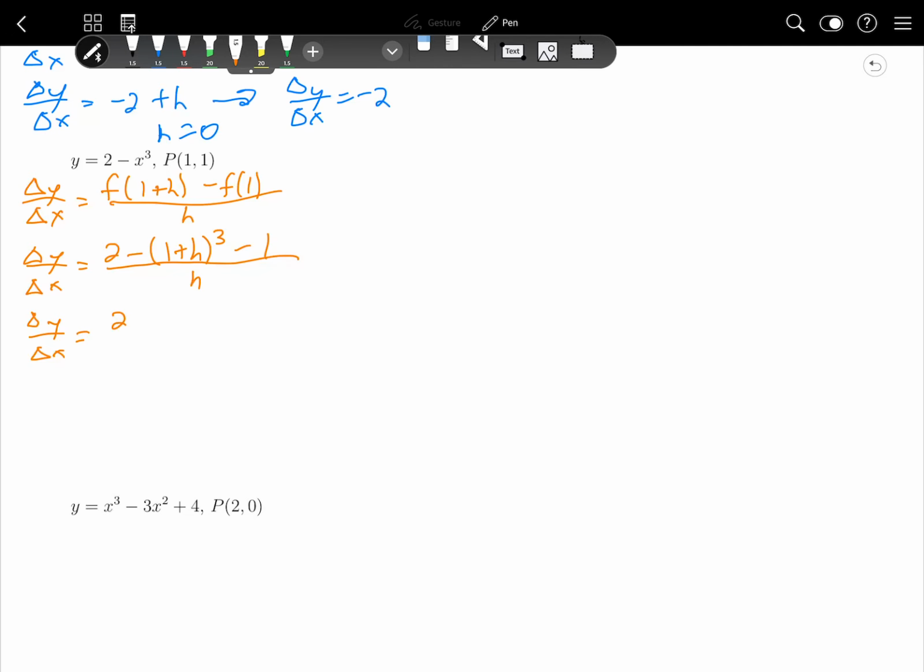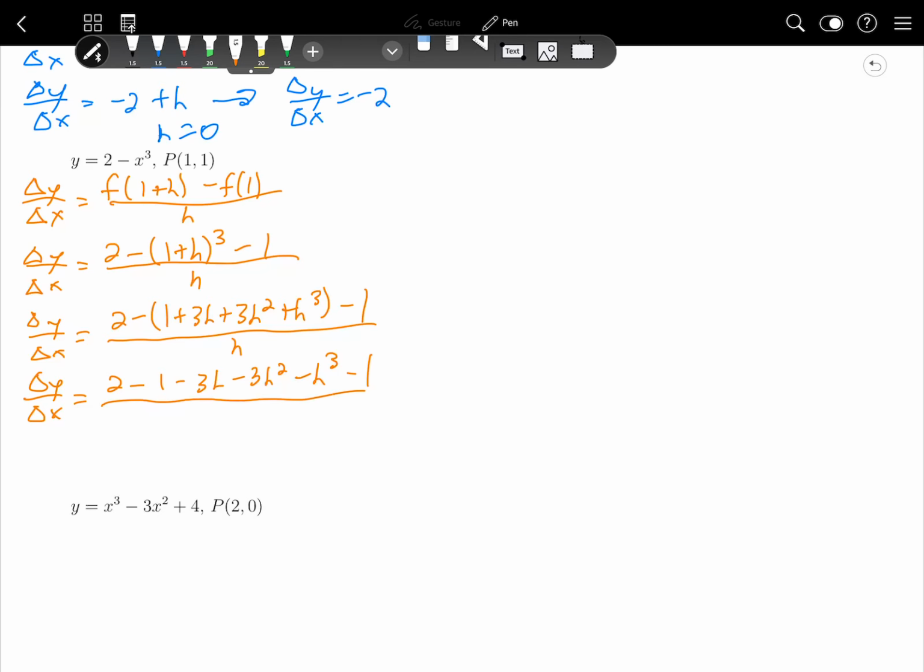Now I can multiply this all out, so it's minus 1 plus h cubed, which is 1 plus 3h plus 3h squared plus h cubed, minus 1 over h. Distribute the negative. So delta y over delta x equals 2 minus 1 minus 3h minus 3h squared minus h cubed minus 1 all over h.